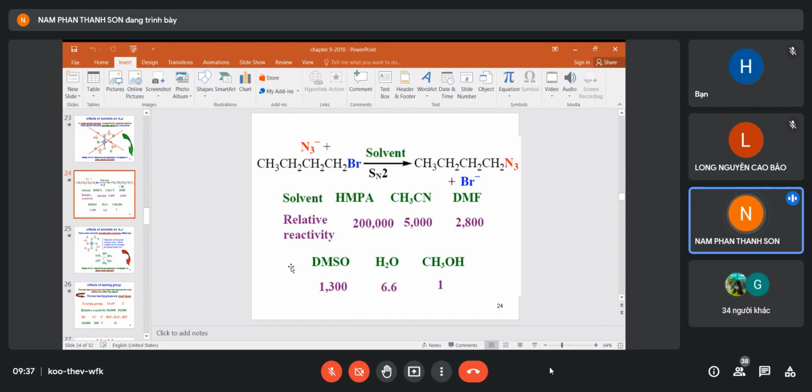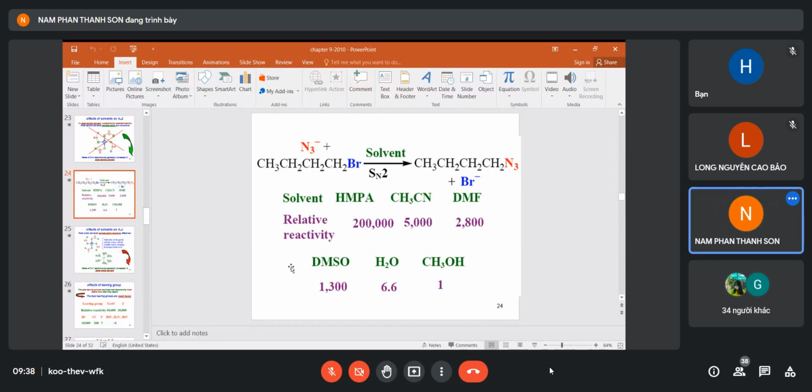So for non-protic solvent, we don't have proton, so we cannot neutralize the negative charge of the anion. So we cannot produce the anion. That means we cannot produce the cation, so we cannot go with the SN1 reaction.